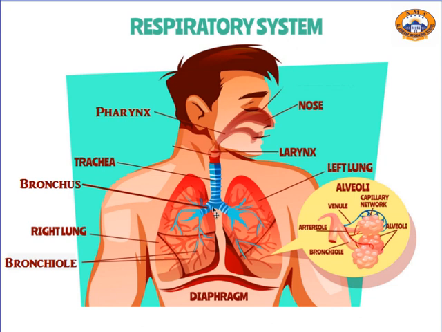At the end of the trachea, it is divided into two branches known as bronchi. Bronchi is a plural word. Each one of them is known as a bronchus. Each bronchus enters a lung. How many lungs do we have? We have two lungs, right lung and left lung.